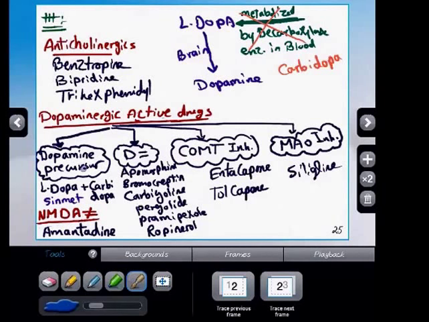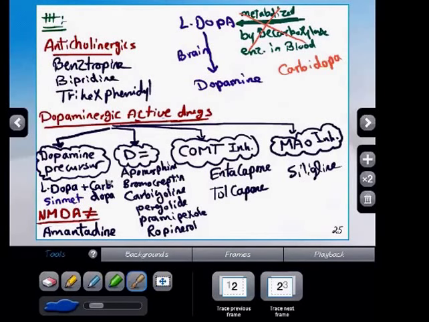We know that dopamine comes from L-DOPA, levodopa. Nowadays in the market, levodopa is present in combination with carbidopa under the brand name Sinemet. It is the prototype, the first drug discovered for Parkinsonism.